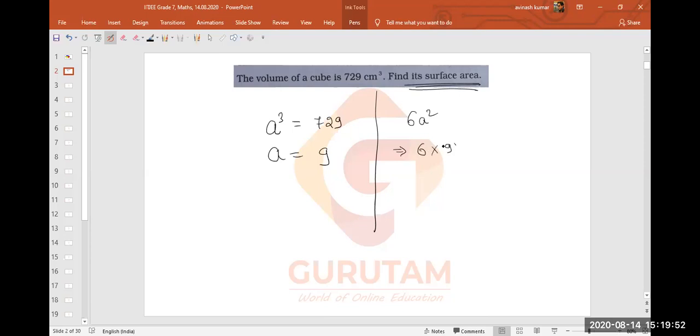So 6 into 9 squared. 9 squared will become 81. So after this, 6 into 81 is equal to 486.